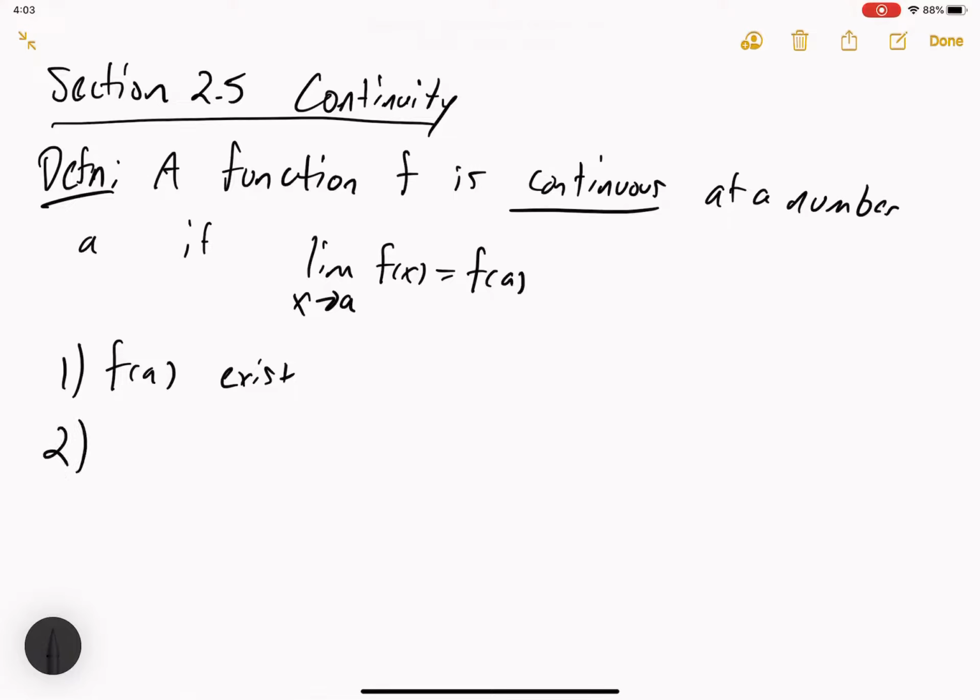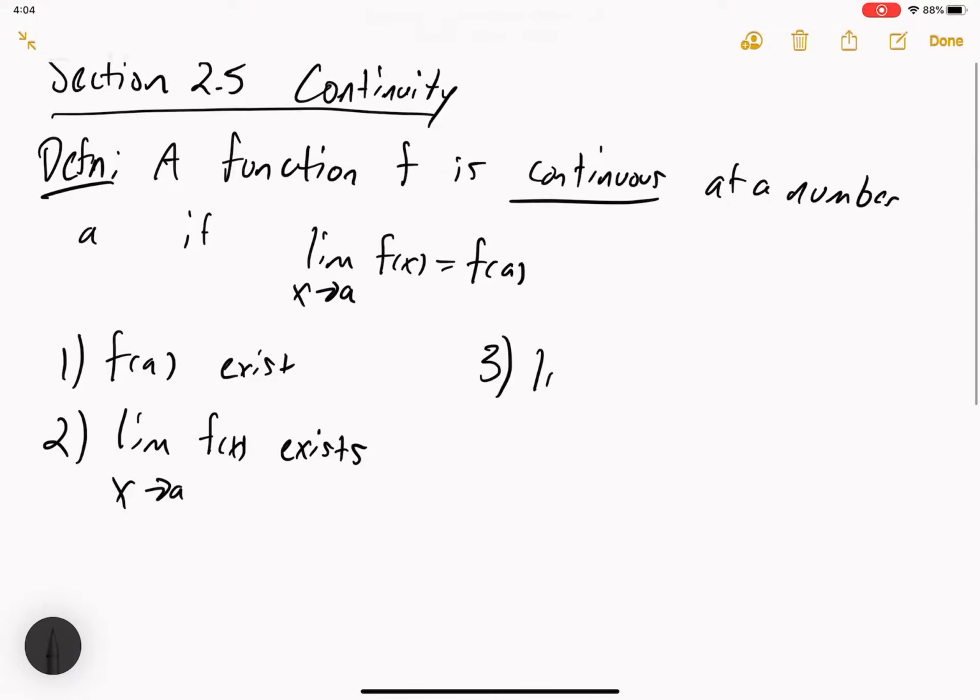The second is that the limit as x goes to a of f of x actually exists. Even if it's defined there, we need the limit to exist, because that's not always the case. The third is that not only does the limit exist, but it has to equal what the function is actually doing at that point.